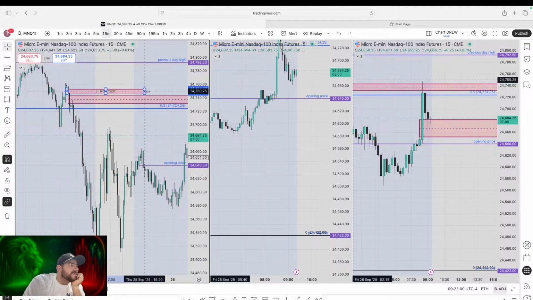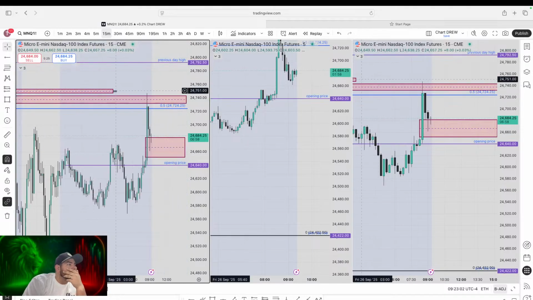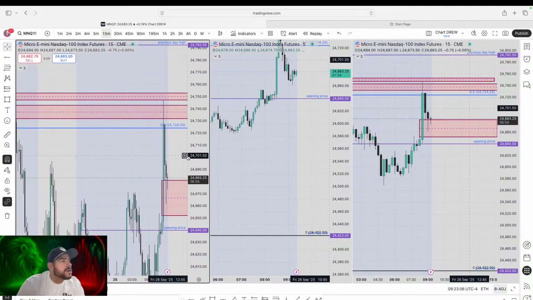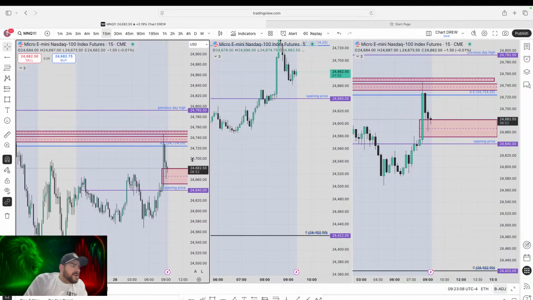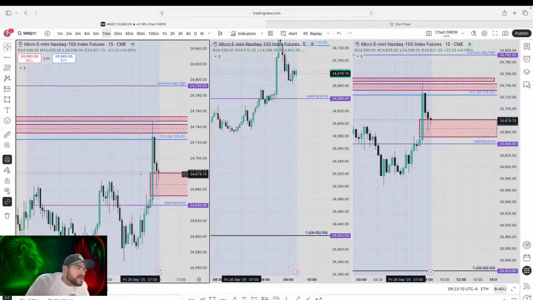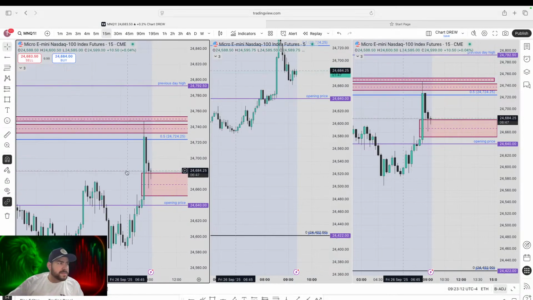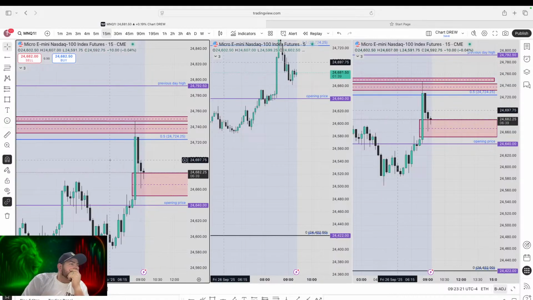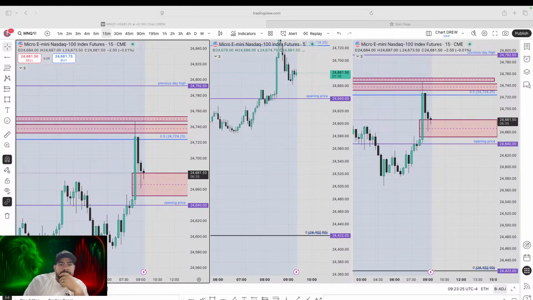I like little 15s because they hold sometimes, or a lot of times actually. They hold a lot. So we're gonna mark it. See what's up. And we're gonna mark that up.